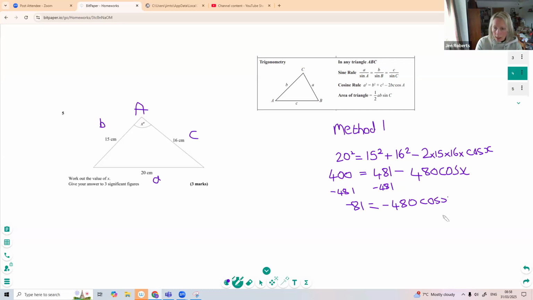So this, as it is on the right-hand side, we've got minus 480 times cos x. What's the opposite of multiplying by minus 480? Dividing by minus 480. So we're going to divide both sides by minus 480. I'm just going to leave my left-hand side as a fraction.